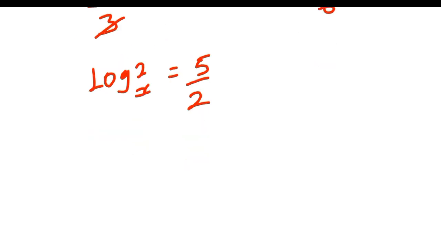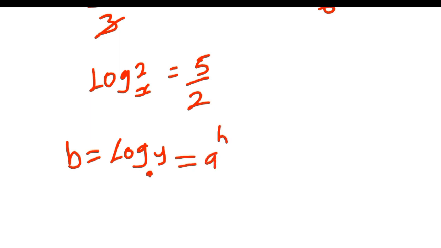Now, yet again, to solve for x, we're going to use another law of logarithm that says when b is equal to log y base a, then it is also equal to a raised to the power of b is equal to y.